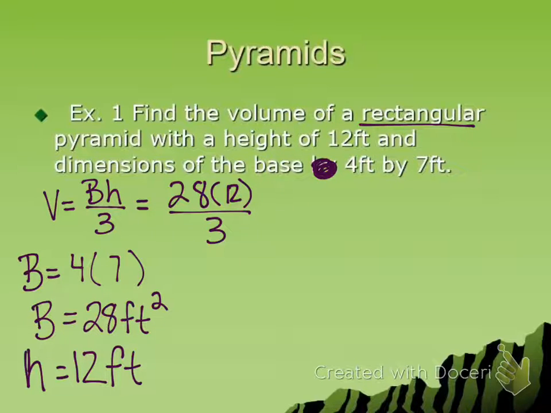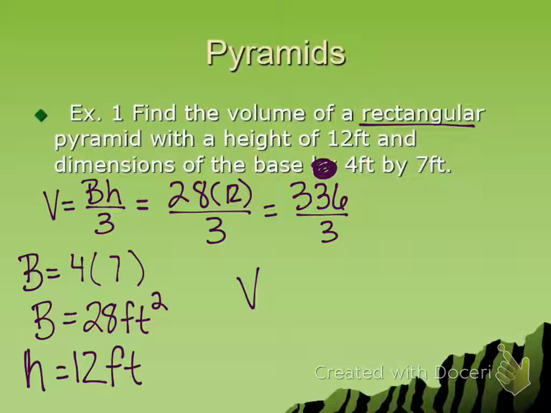Now, if you like to cross cancel or reduce your fractions before you multiply them out, that's fine. You could reduce the 12 with the 3. You don't have to do that. If you want to just multiply out 28 times 12, you should get 336, then divide by 3.